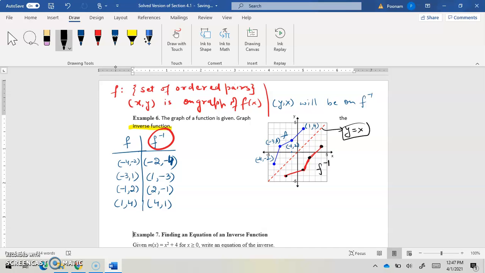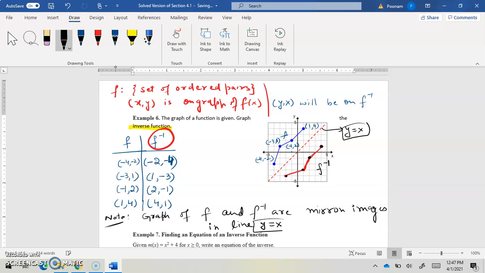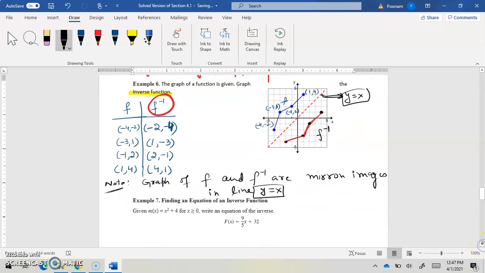So I want to make a note here that the graphs of f and f inverse are mirror images in the line y is equal to x, which is the red diagonal line from the middle of your graphical grid. So f's graph will always be the mirror image, or reflection, of f inverse.